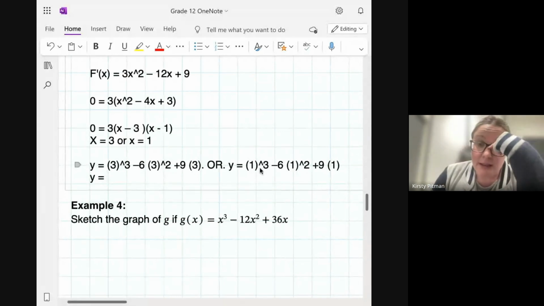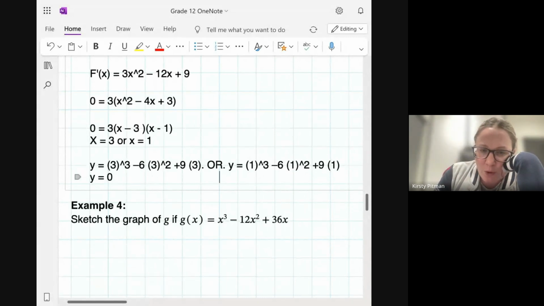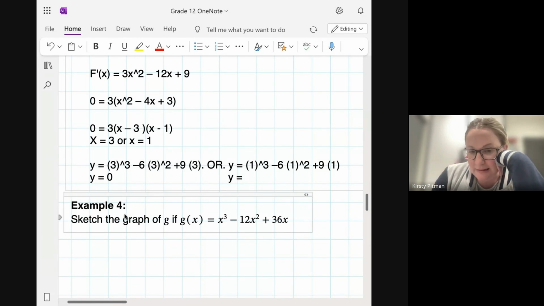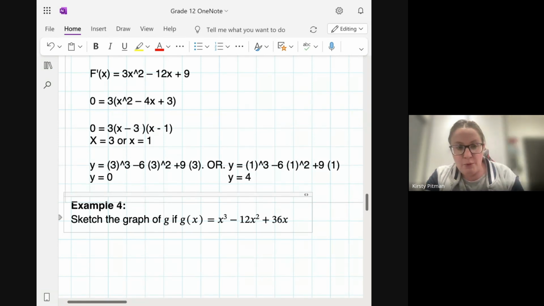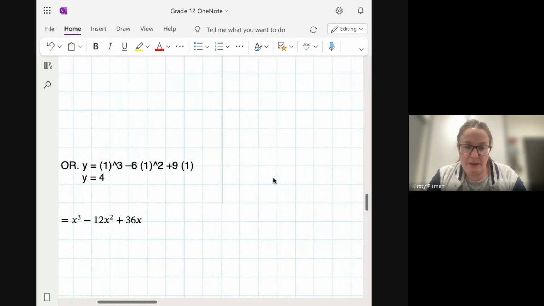All right, good. Thank you, Lorato. You get 0. So when you've calculated it correctly, you get y equals 0. What do you get for the second one? You get y equals 4. So my turning points are 3 is to 0 or 1 is to 4.